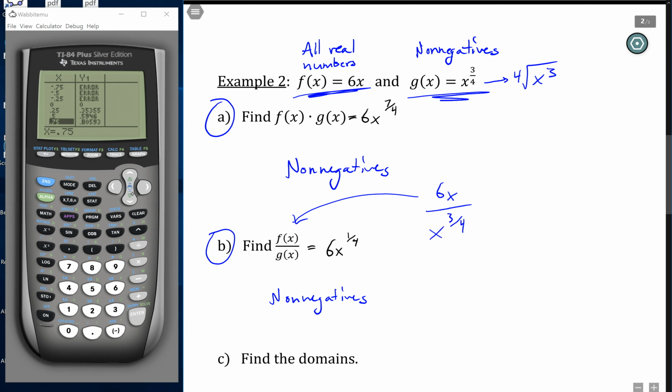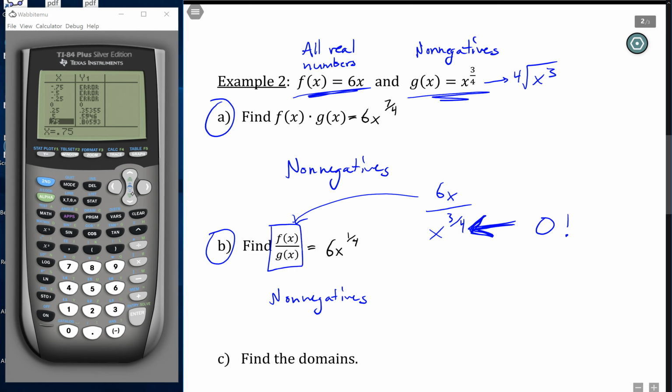Now, we need to look carefully at this function because is there anything that can go wrong here? Specifically, I'm thinking, what am I not allowed to divide by on the bottom of a fraction? And remember, you're not allowed to divide by 0. I'm not allowed to have 0 on the bottom of this fraction.